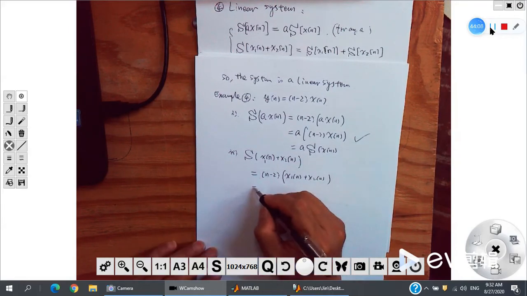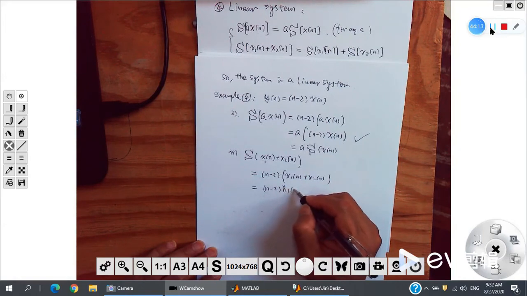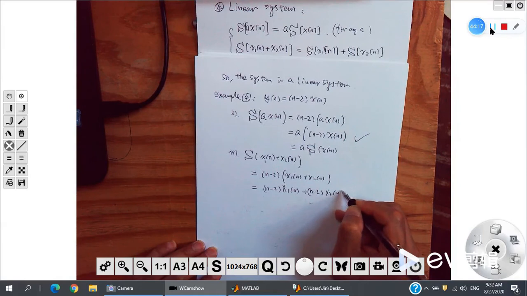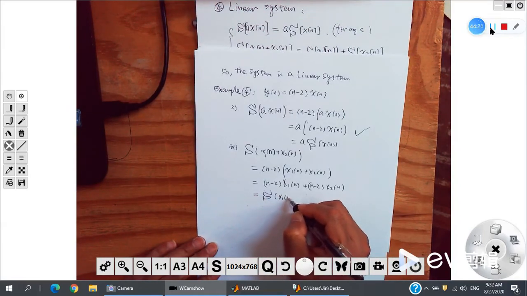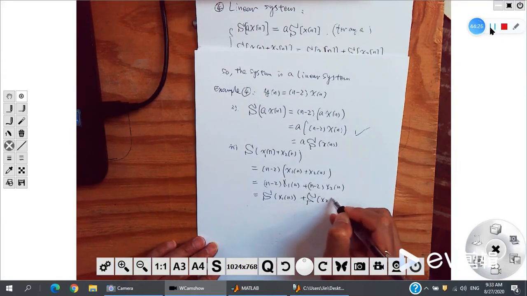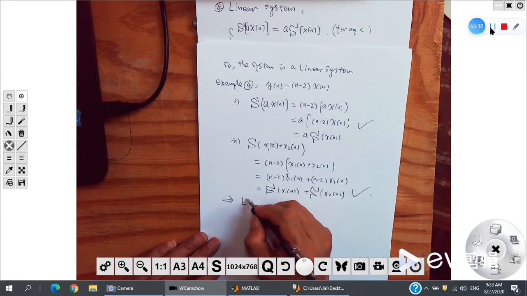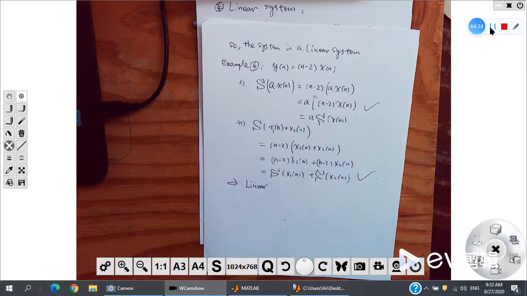So this is equal to n minus 2 times x1 of n and n minus 2 times x2 of n, which is S of x1 and S of x2. It also works. So we know this is linear.